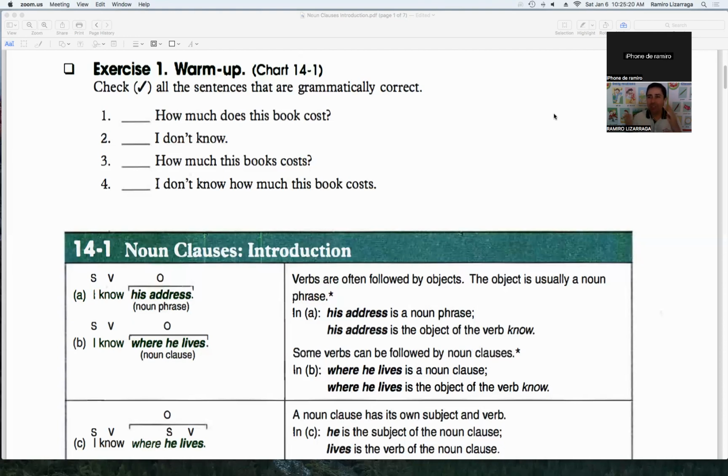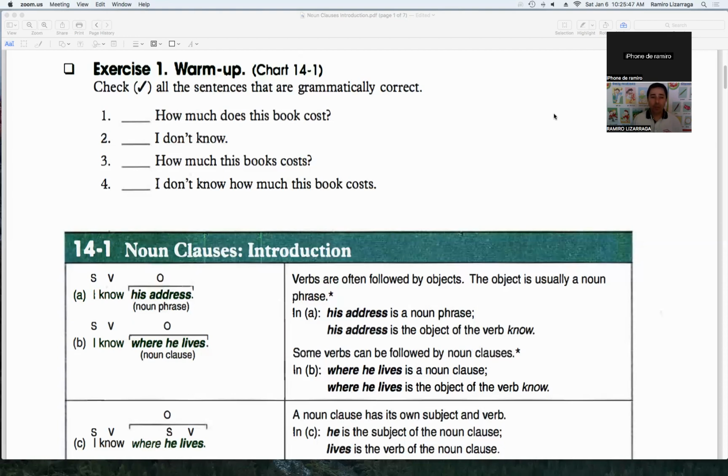What are the differences and similarities? There are many types of clauses: adjective clauses, noun clauses, adverb clauses. So we know when to use one or the other.